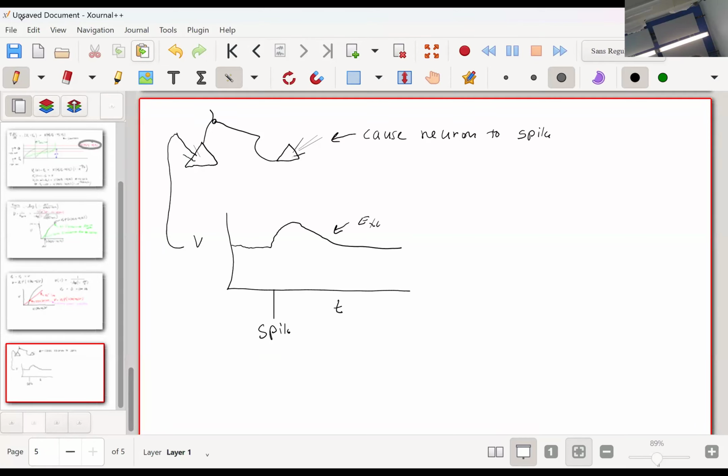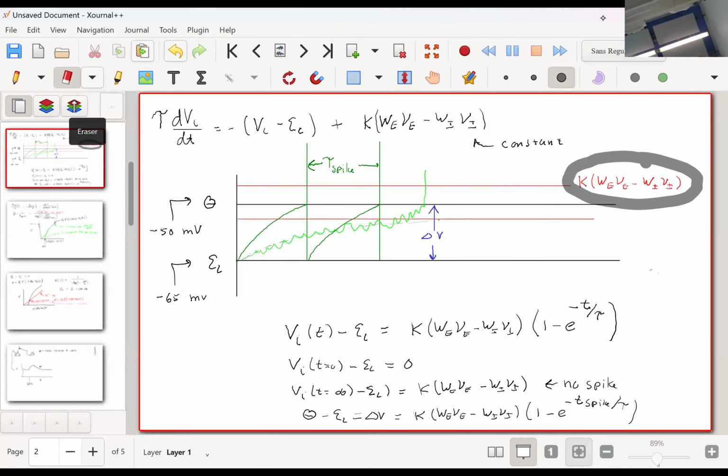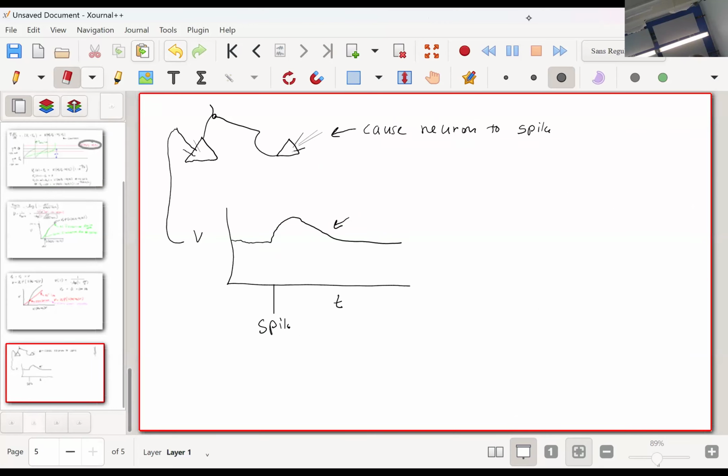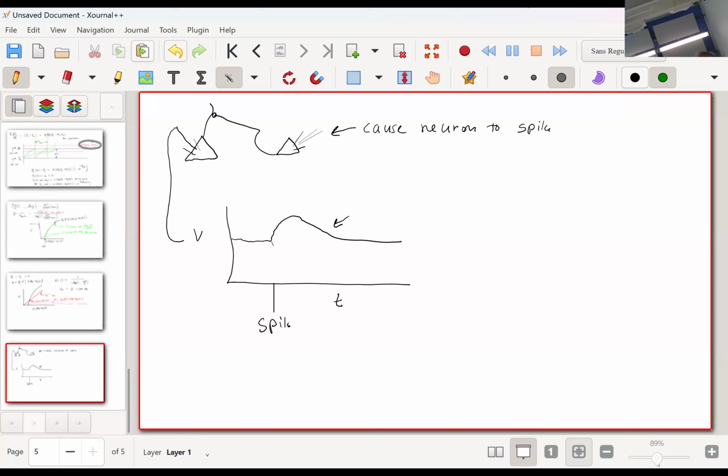If it's inhibitory, it goes like this. This is excitatory.